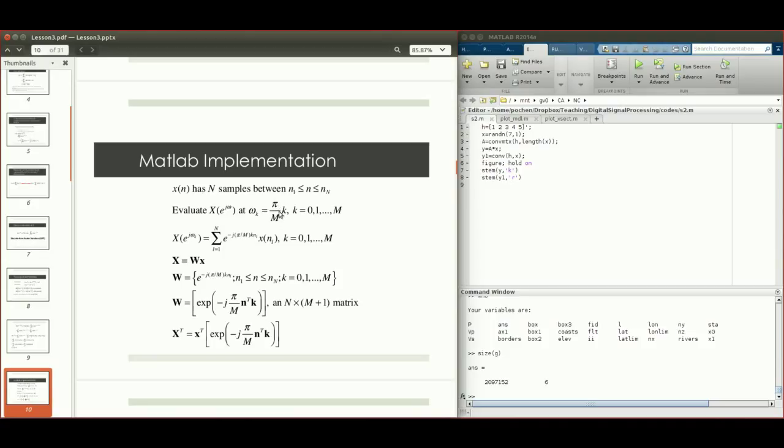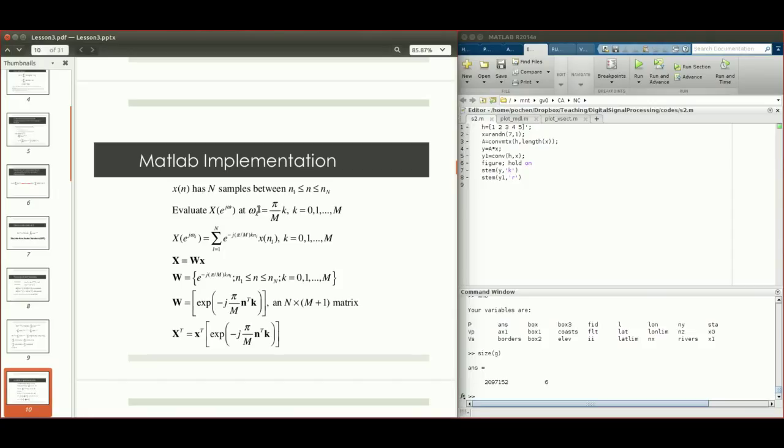When k equals 0, it's 0 times pi over M, that's 0. And when k equals big M, it's big M times pi over big M, that's pi. So omega k has a range that goes from 0 to pi, exactly.